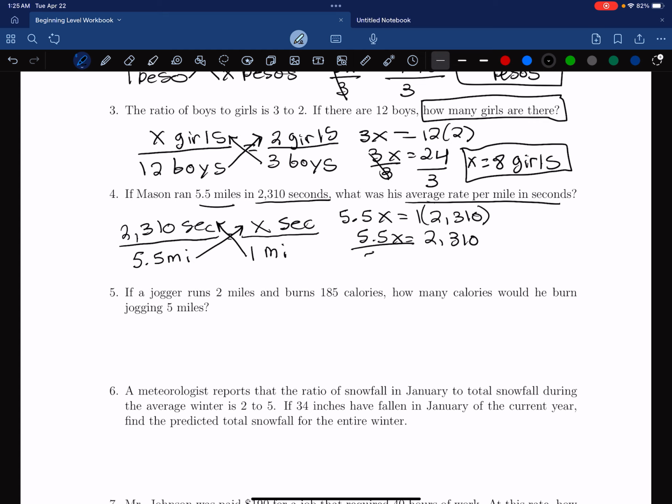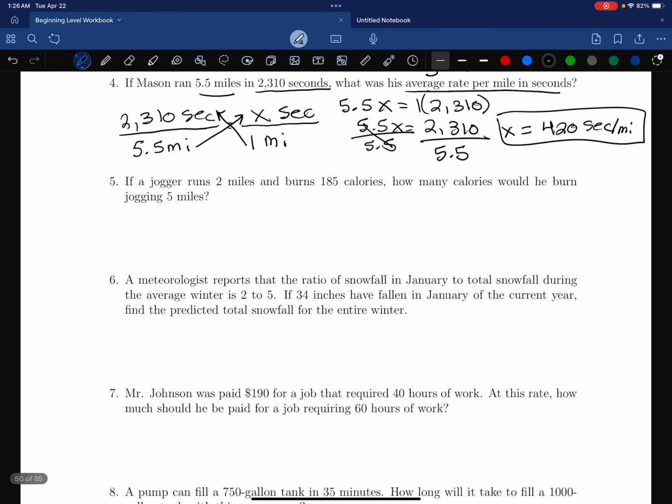You're going to divide by 5.5 on both sides to solve for x, and you get a whole number, and that is 420 seconds per mile.